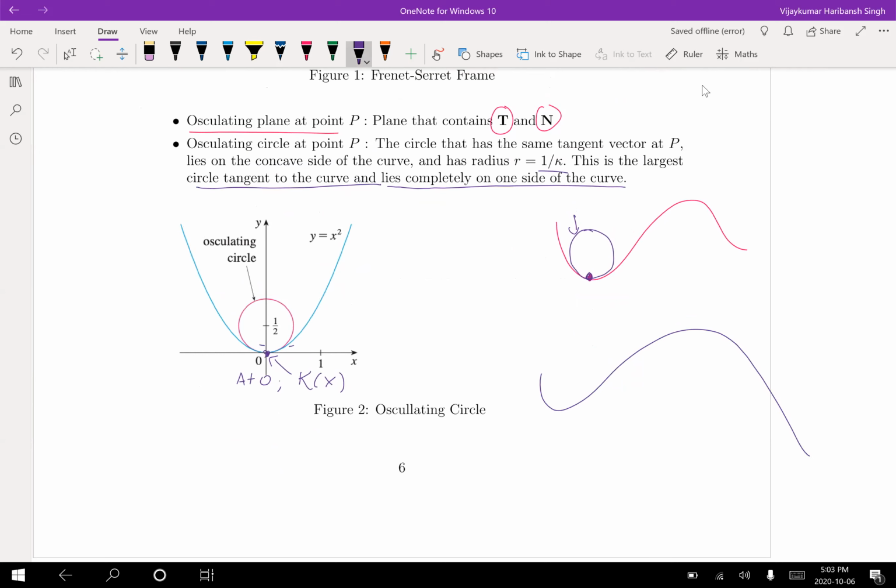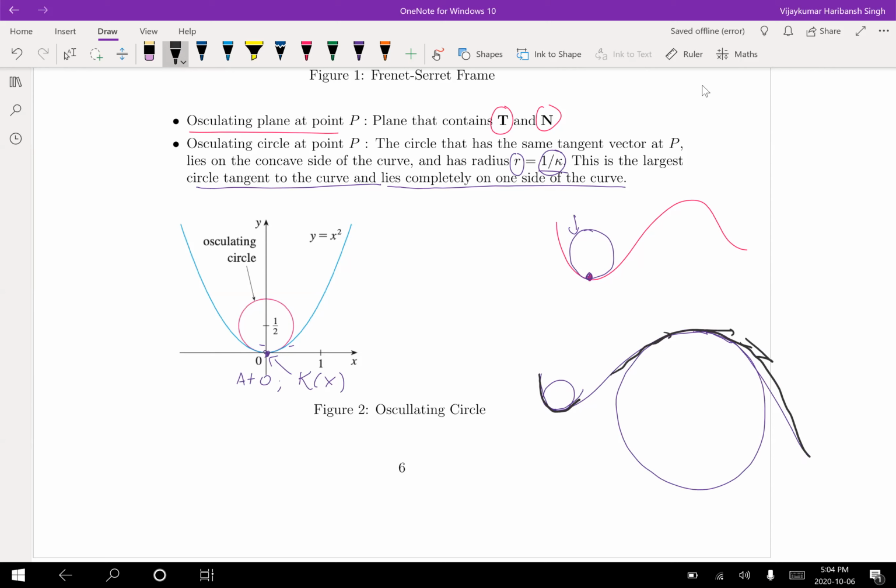Here a smaller circle will fit, but here there's a much bigger circle which will fit. Since the radius and the curvature have an inverse relation, the smaller the radius, the bigger the curvature. You see there's a bigger curvature here. And it makes sense from the definition too: this curve moves quite quickly, whereas here, because of the bigger osculating circle, the tangent moves quite slowly along this.